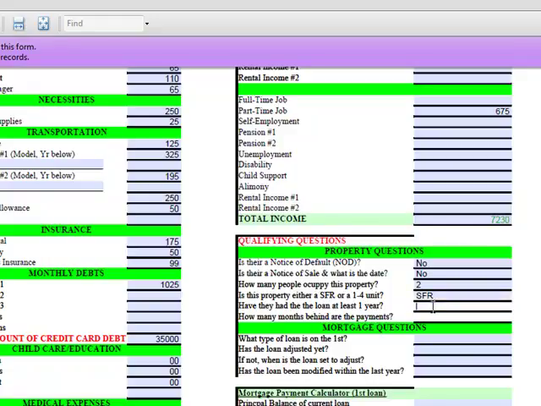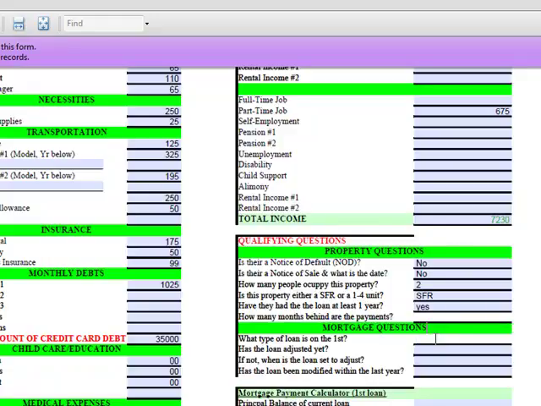Okay. Have they had the loan for more than 1 year? Yes, they have. How many months are they behind? This person is not behind any, so you would put 0. Okay. What type of loan is the first?